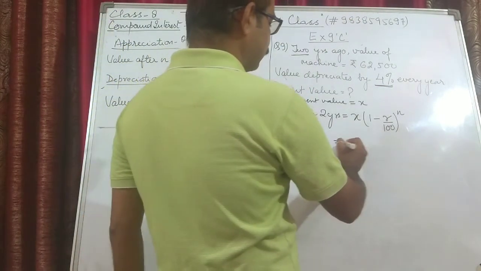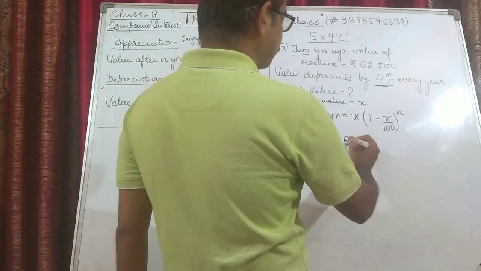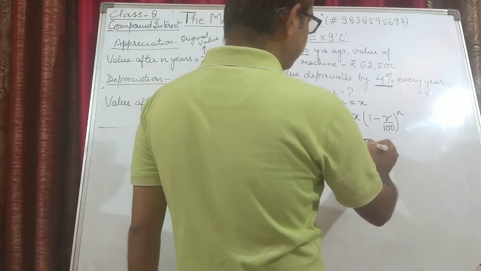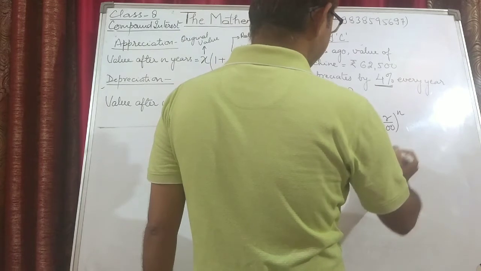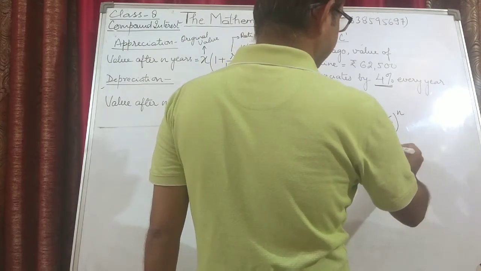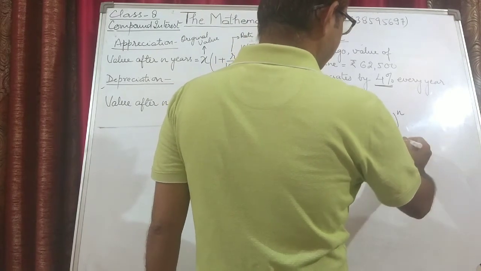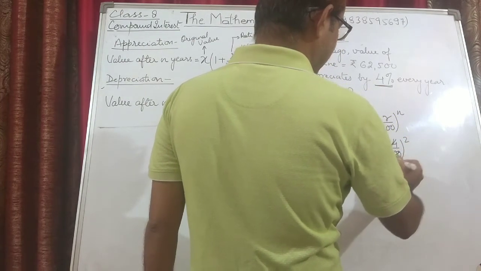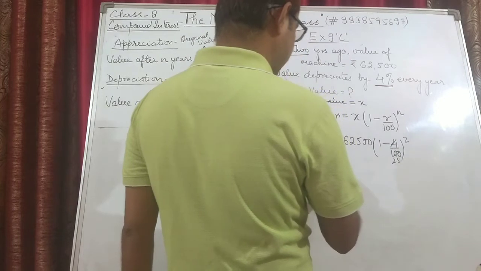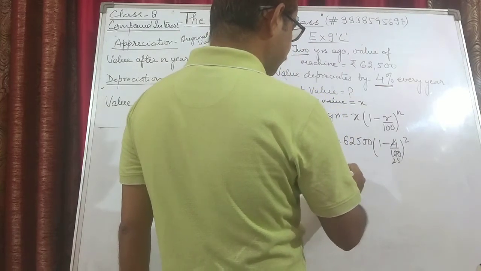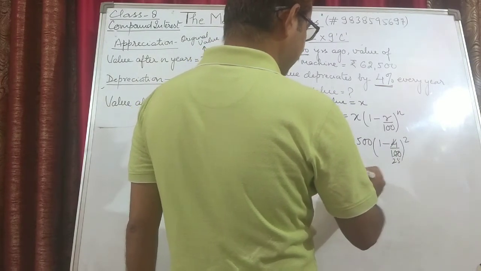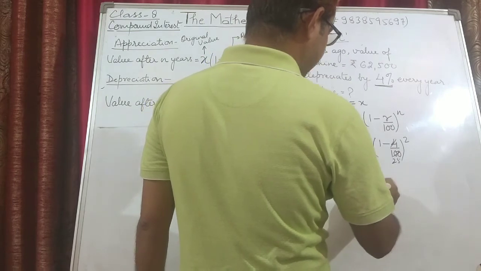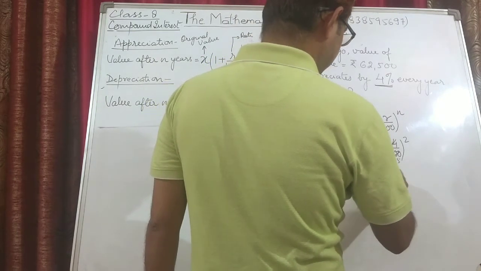Now today's value is 62,500 into 1 minus rate, which is 4%. So 4 upon 100, for how many years? 2 years. So 4 twenty-fives are 100, 25 minus 1 is 24. That will be 62500 into 24 upon 25 to the power 2.